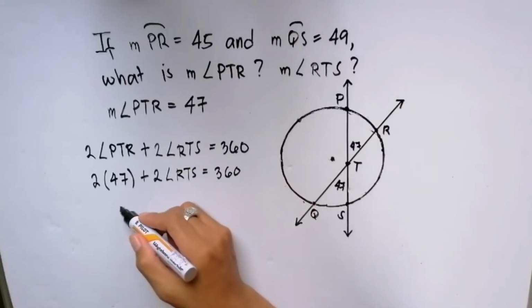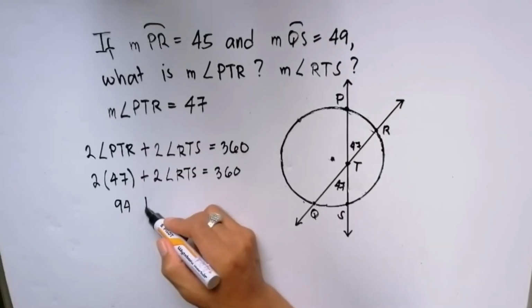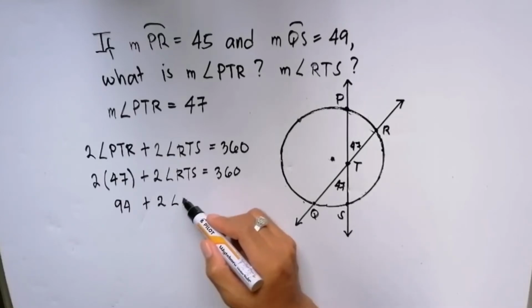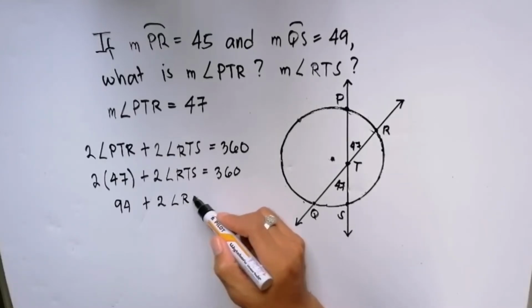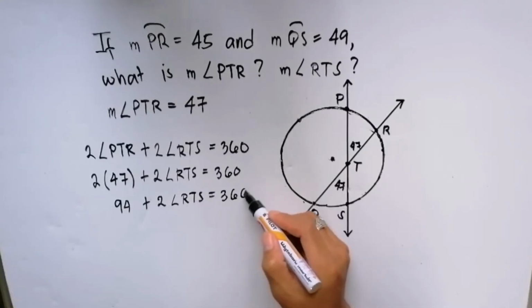Then 2 times 47, so that is 94, plus 2 times the measure of angle RTS is equal to 360.